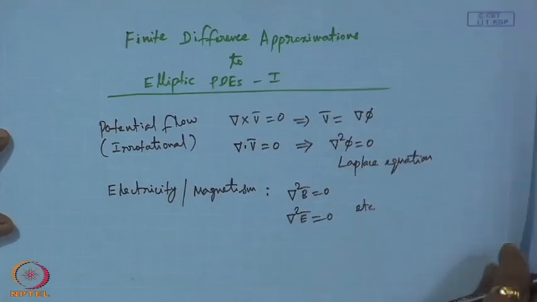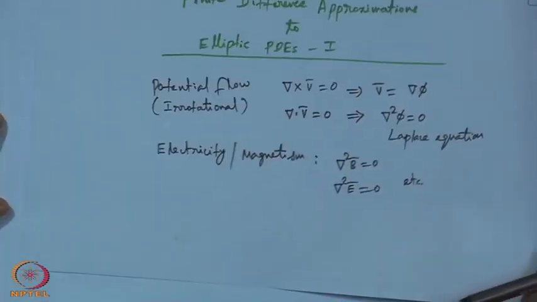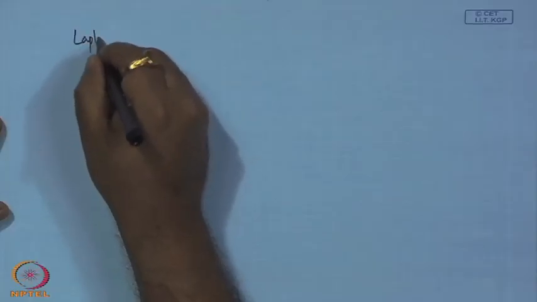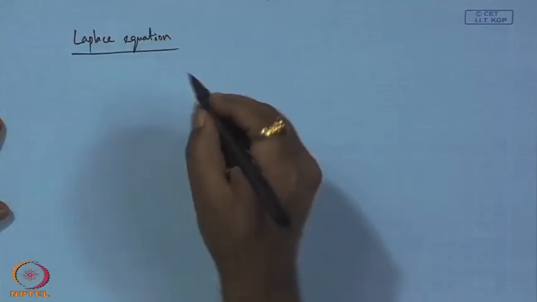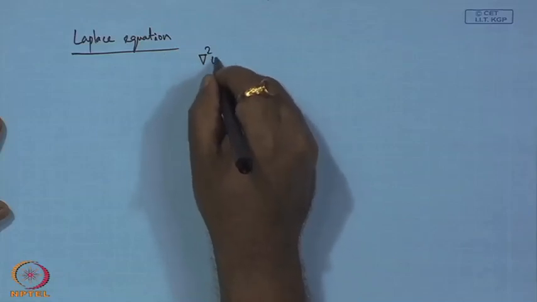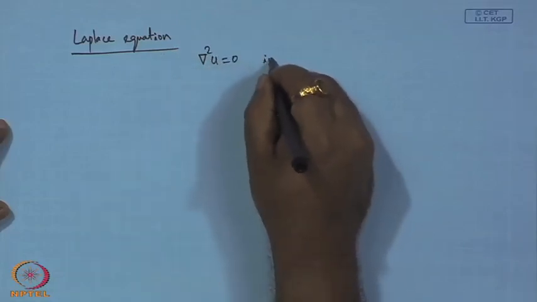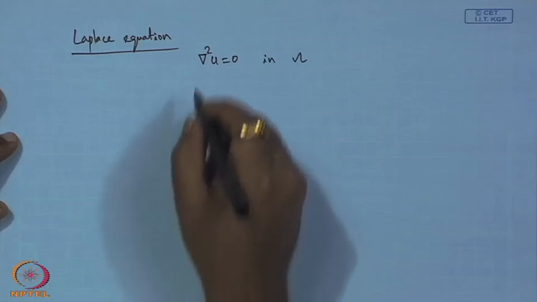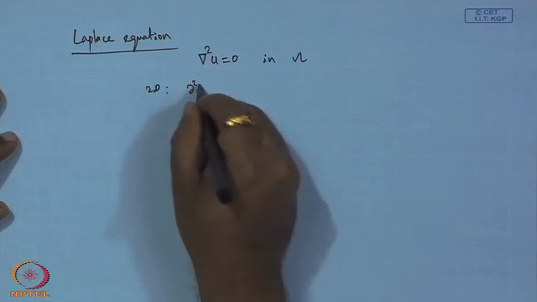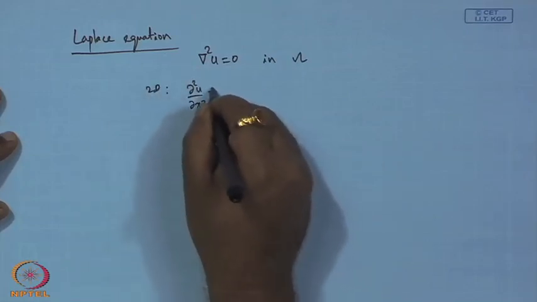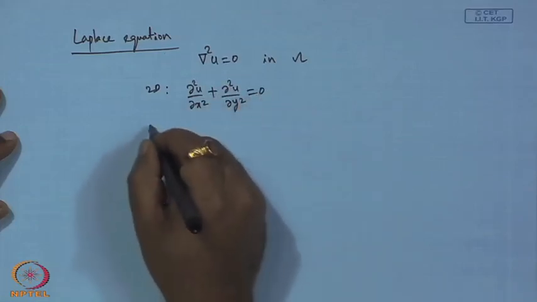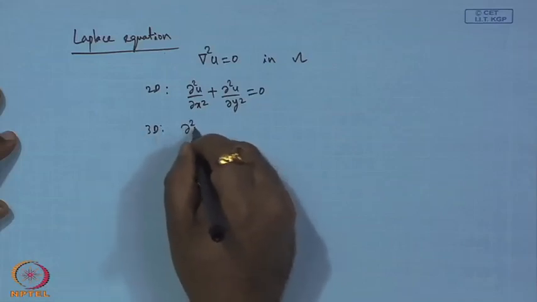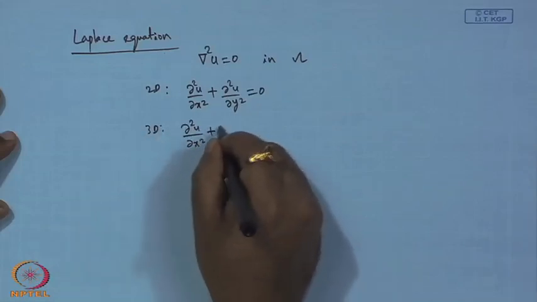Now, what is the main feature of the Laplace equation? Consider the Laplace equation, say del square u equals 0 in some domain, in 2D or 3D Cartesian.